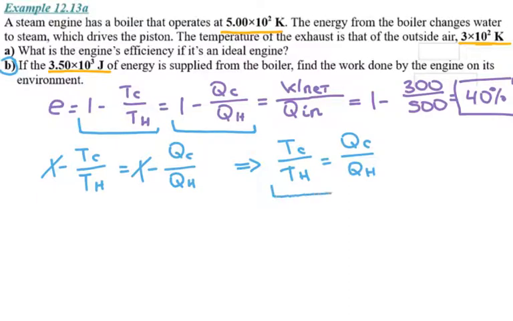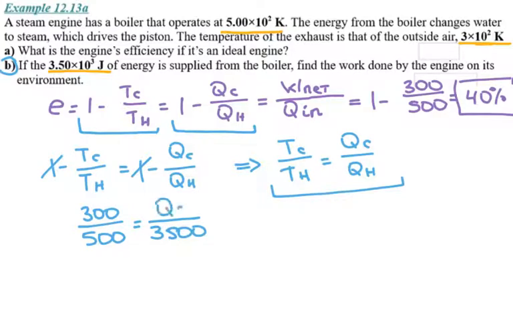Now if I plug in the numbers, I have 300 over 500 is equal to, and the heat that is supplied, that is the hot reservoir, so that is 3,500, and we're looking for the cold one. So if I cross multiply, I will get that the Q cold is equal to 2,100 joules.